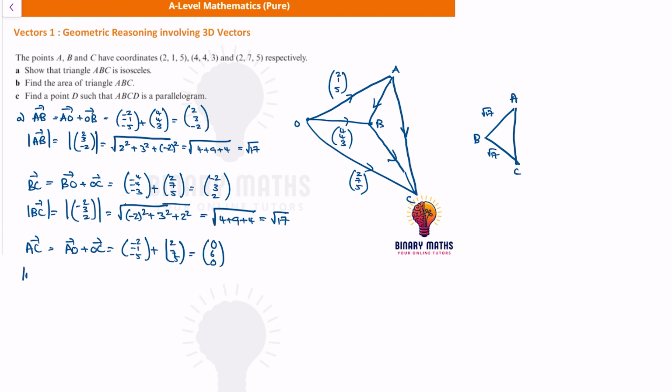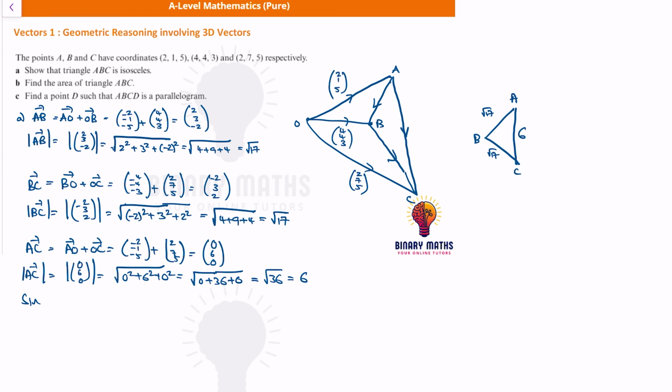So the magnitude of A to C is equal to the magnitude of (0, 6, 0), which is the square root of 0 squared plus 6 squared plus 0 squared, which is the square root of 0 plus 36 plus 0, which is equal to the square root of 36, which is 6. So A to C is 6.